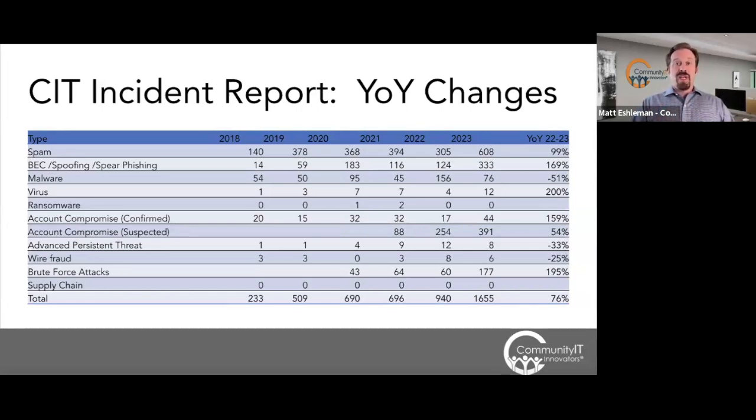And unfortunately, we're not seeing that recede yet. It's a call that we need to continue to escalate the protections that we have in place, the education that we provide to our staff, and the tools that we have in place to protect our organization from the never-ending barrage of cyber attacks.